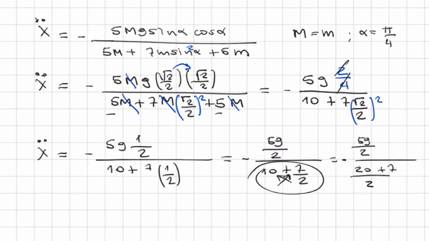Because this is in the denominator of the numerator and this is on the denominator of the denominator, I can simplify it.